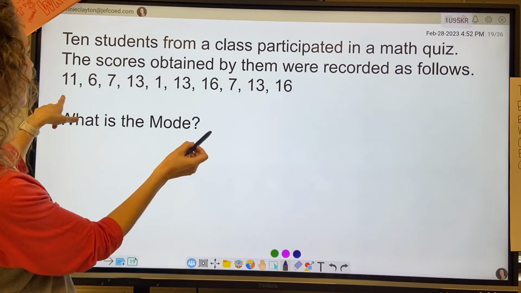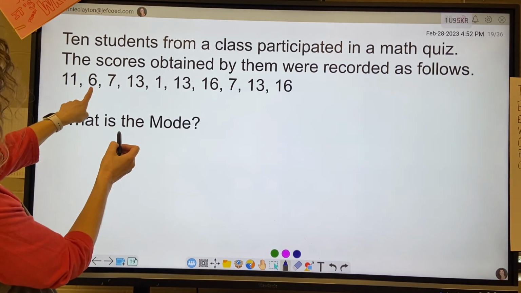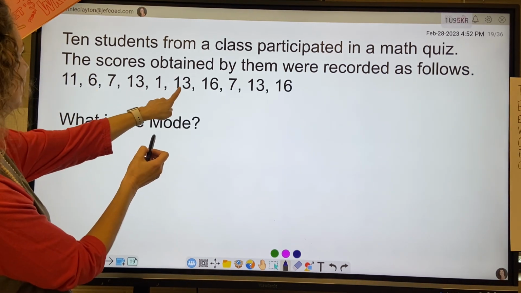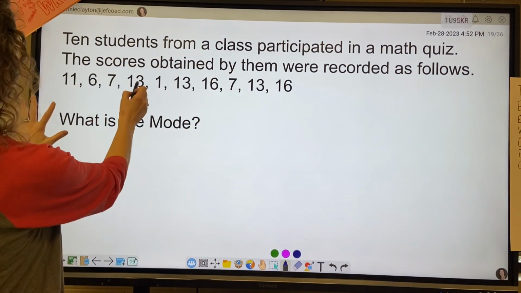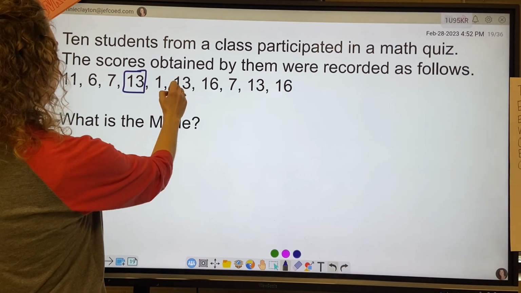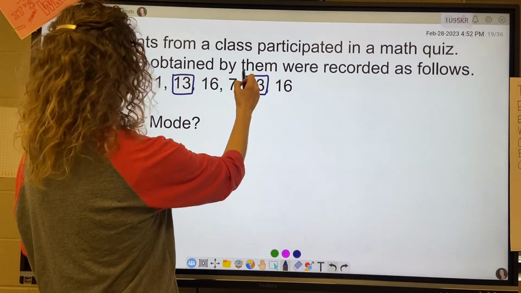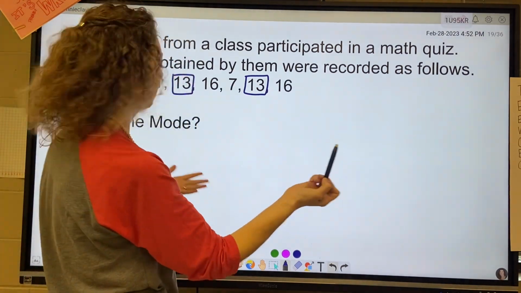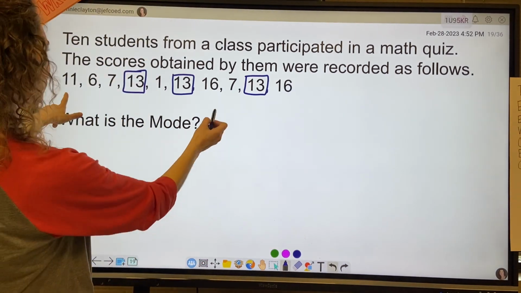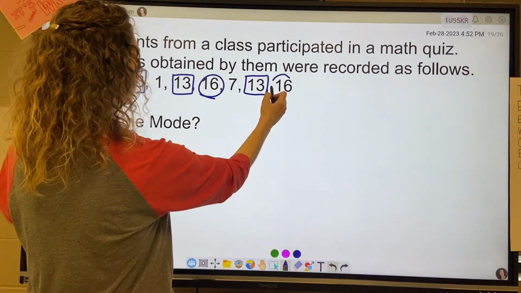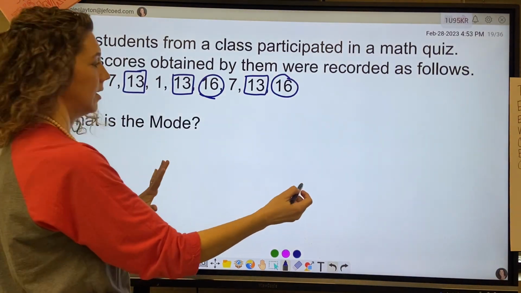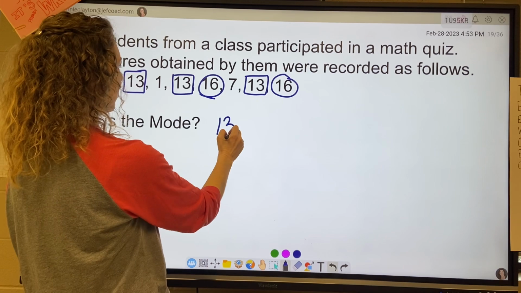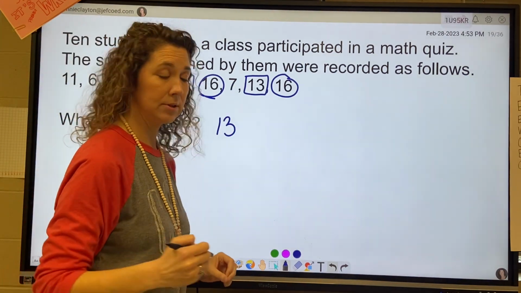But let's look at them. 11, 6, 7, 13, 1, 13, 16, 7, 13, 16. All right, so I see a 13 here, and a 13, and a 13. Maybe it was out of 20 points. I don't know. We also have some 16s. There's a 16 and there's a 16, but it looks like the 13s win. So the mode would be 13 because it occurs the most.